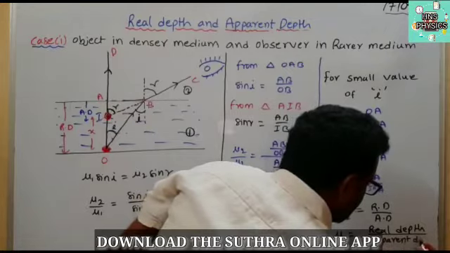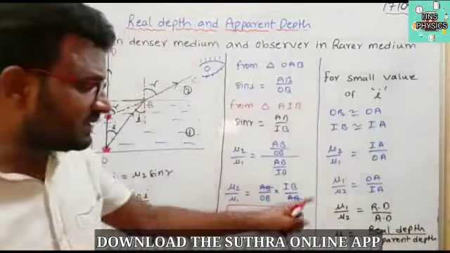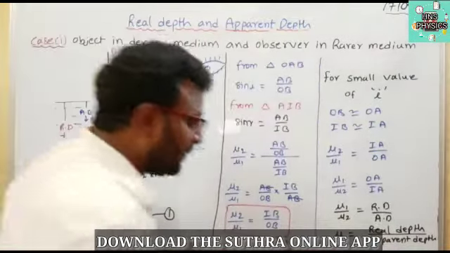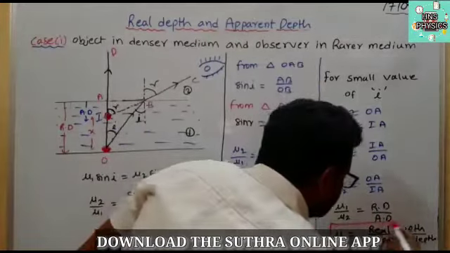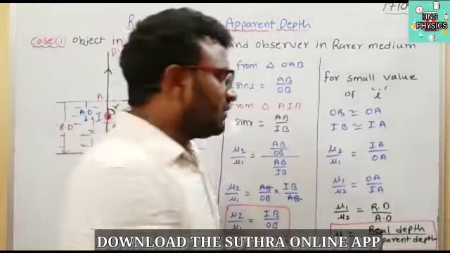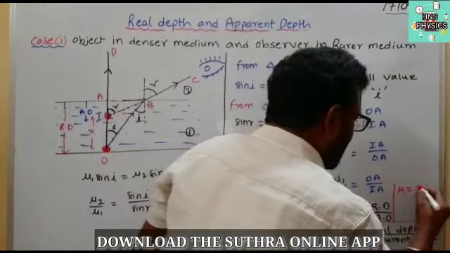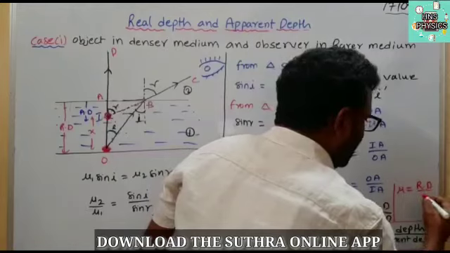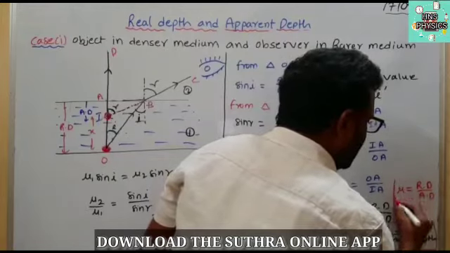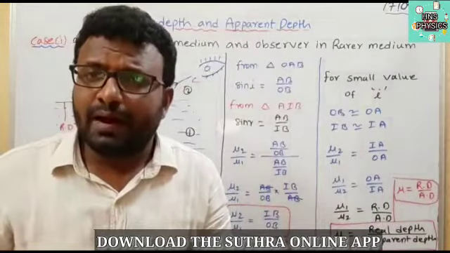RD is the real depth, AD is the apparent depth. So this is the formula: mu is equal to RD by AD. That means refractive index is equal to real depth by apparent depth.